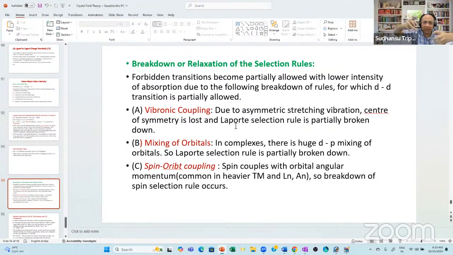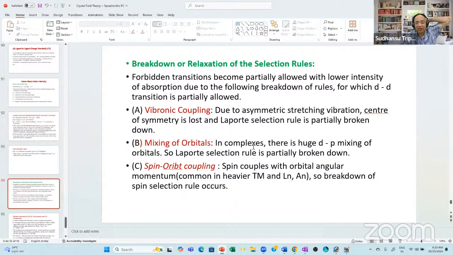And if one is contracting and the other is expanding, that is called asymmetric stretching vibration. In that case, it lacks a center of symmetry. Even if it is octahedral, when one is in this state and the other at that state, the inversion center is missing. So that is a partial breakdown of the selection rule.